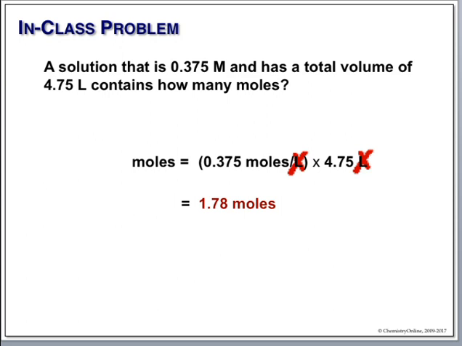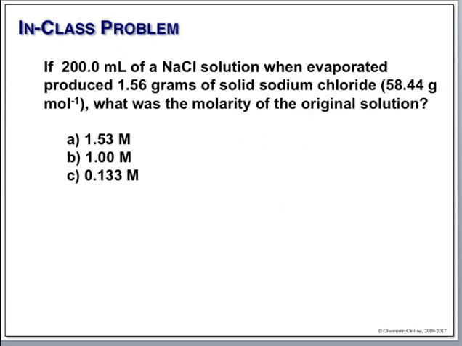One more of the test questions. We have 200 mils of sodium chloride. We evaporate it down. All the water's gone. We get roughly 1.56 grams of solid sodium chloride. What was our molarity?